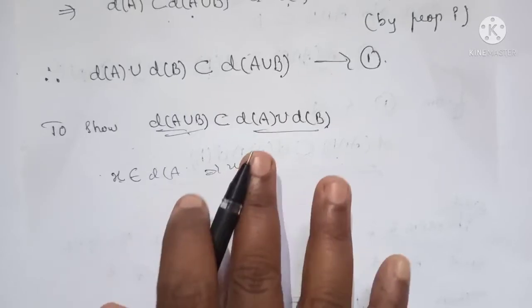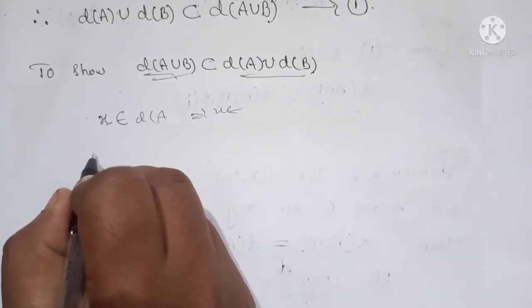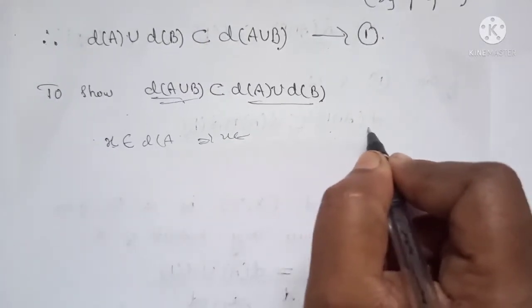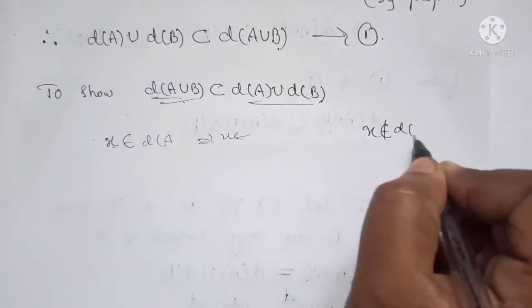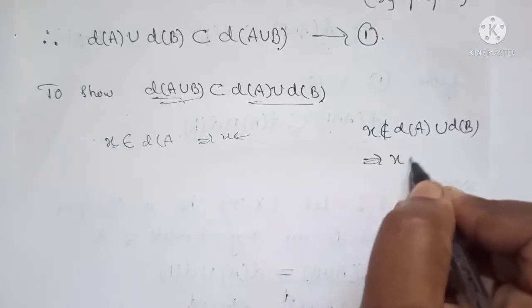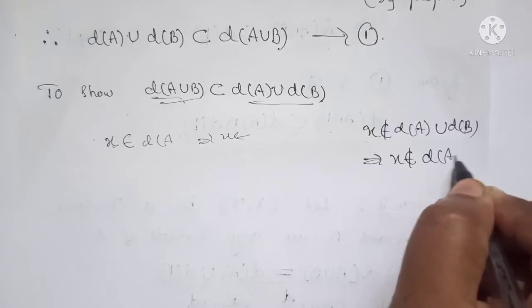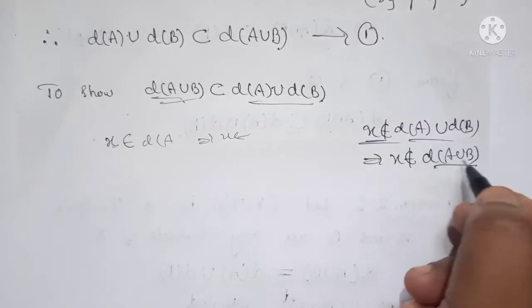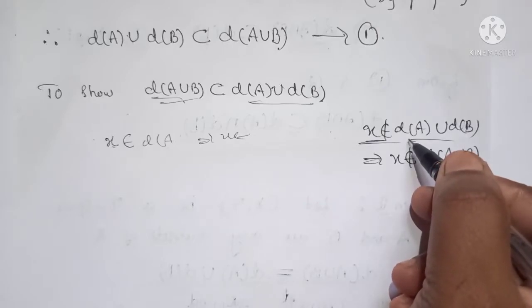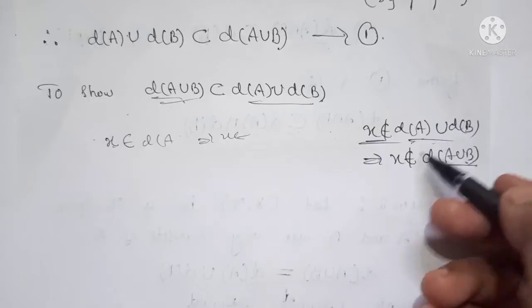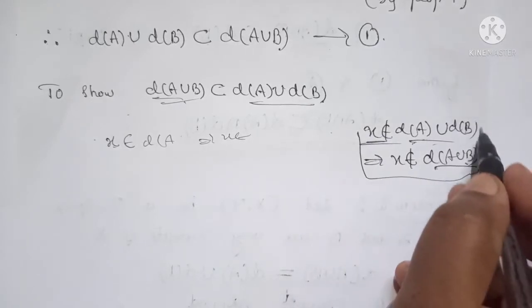So we consider x does not belong to D of A union D of B. It implies that x does not belong to D of A union B. Then we say that this D of A union B is a subset of the derived set of A union the derived set of B. Okay, we go for the reverse.